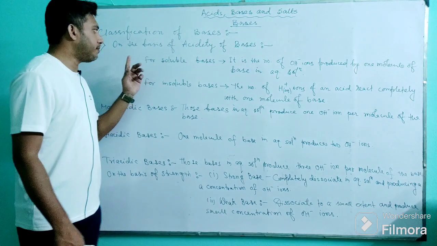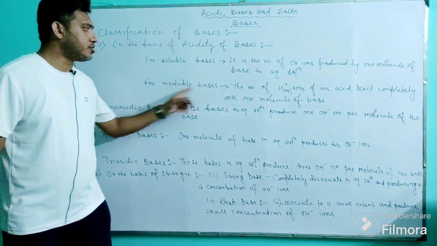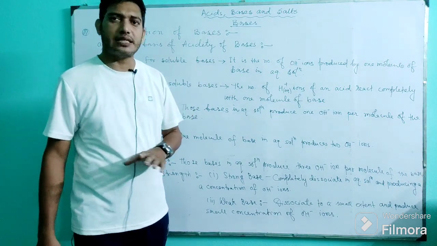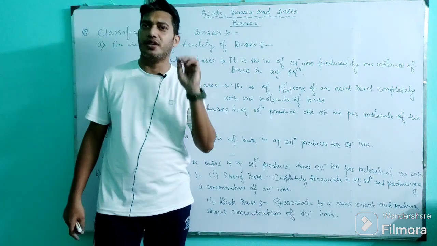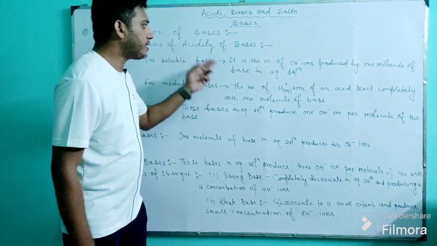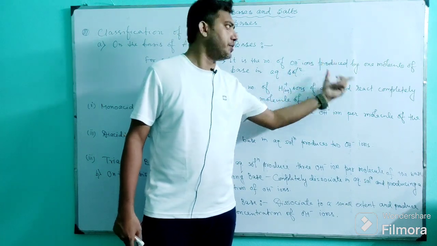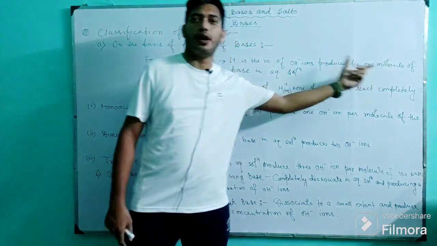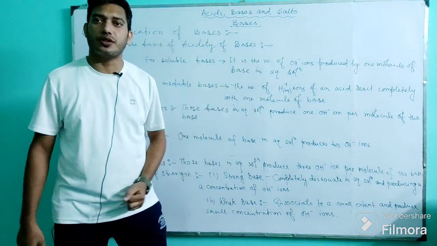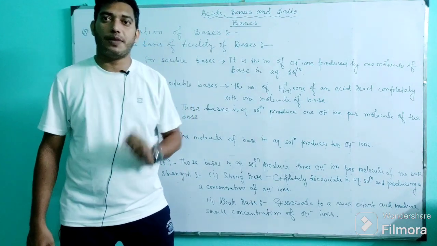Here the bases are divided into two categories: soluble bases and insoluble bases. Soluble bases dissolve in water and form OH minus ions, so the number of OH minus ions produced by one molecule of base in aqueous solution is called the acidity of the base.